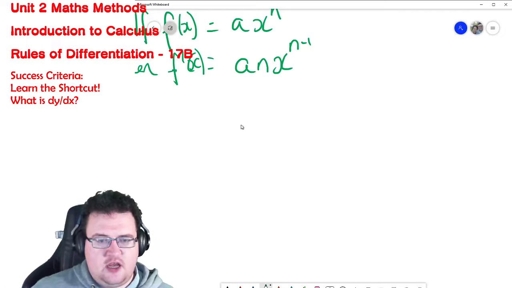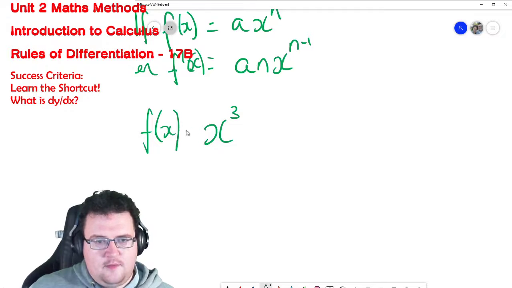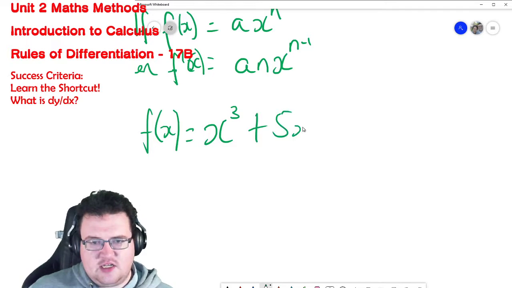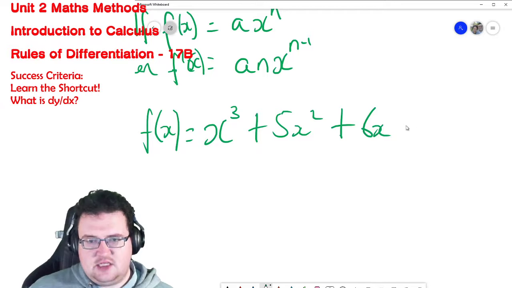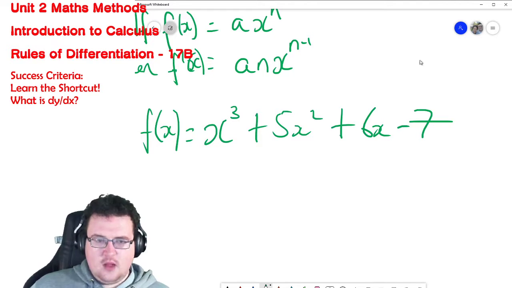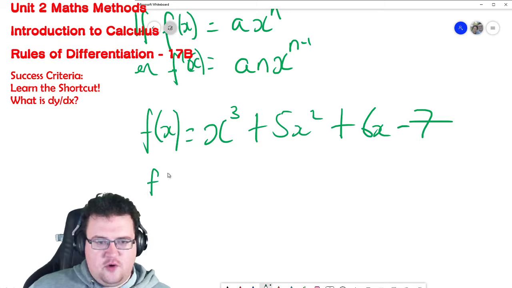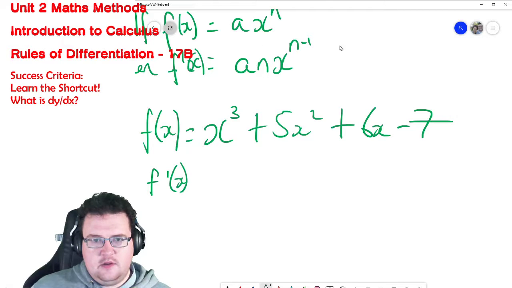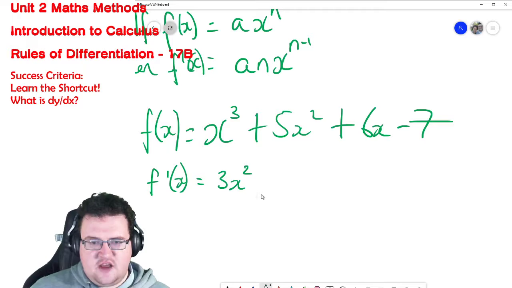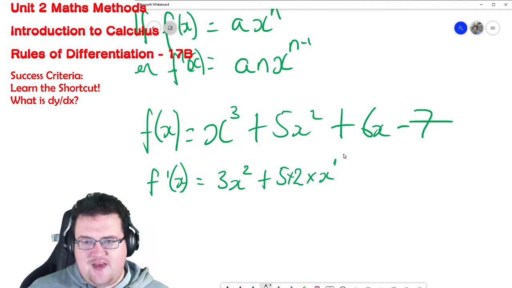So for example, if I say f of x is x cubed plus 5x squared plus 6x minus 7, I can simply go through and follow this rule. 3 goes down the front, take 1 off the power. 2 goes down the front, 5 times 2 times x, 1 off the power, so that's 2 minus 1, which is 1.